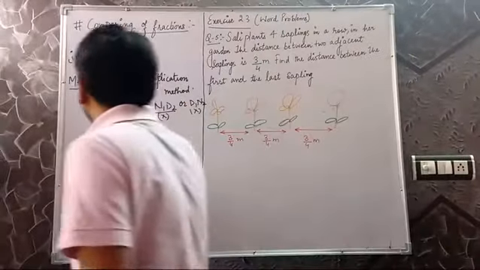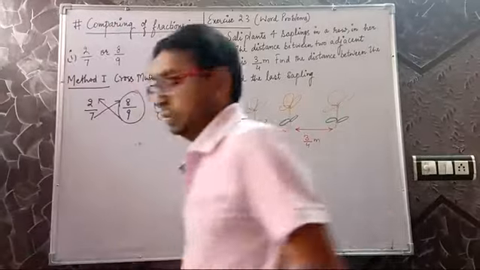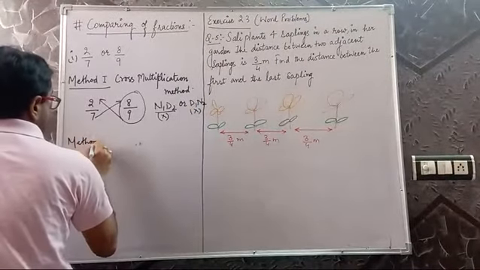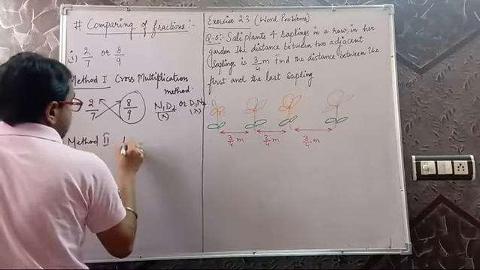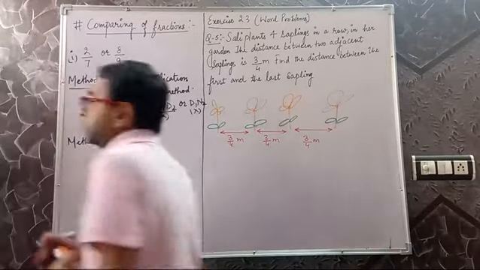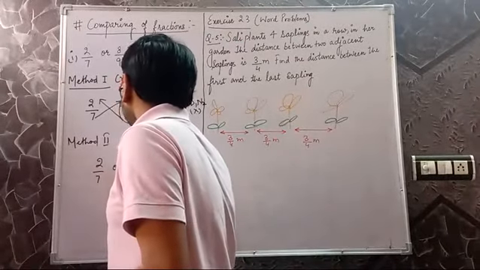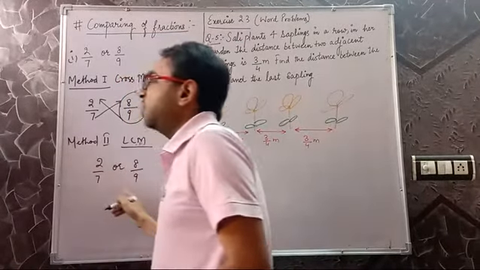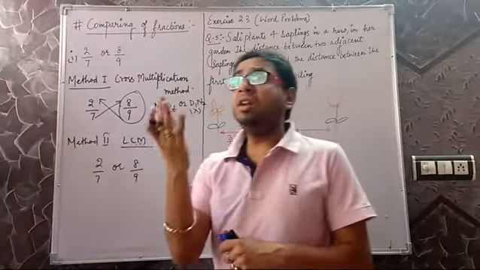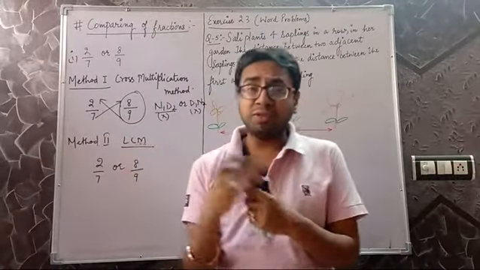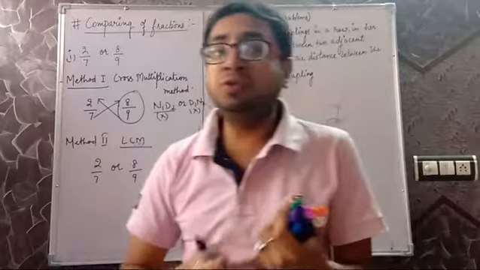Second method is where we take the LCM. We will take the LCM of the denominators. Do you remember when we were adding and subtracting unlike fractions, we used to take the LCM?